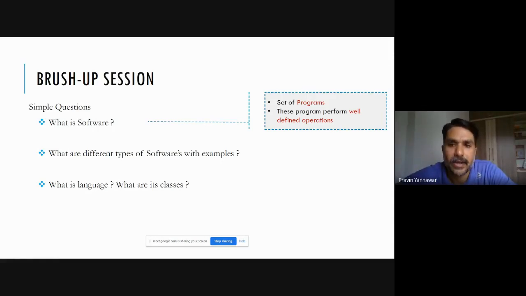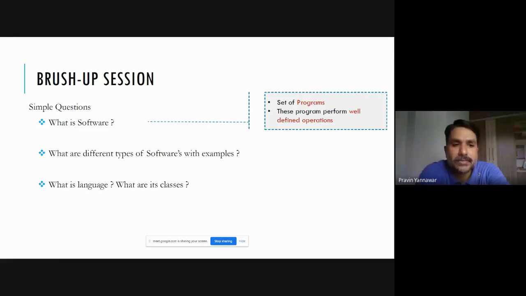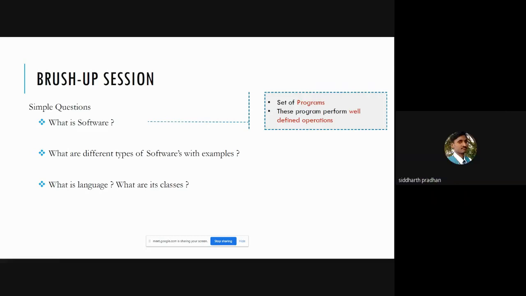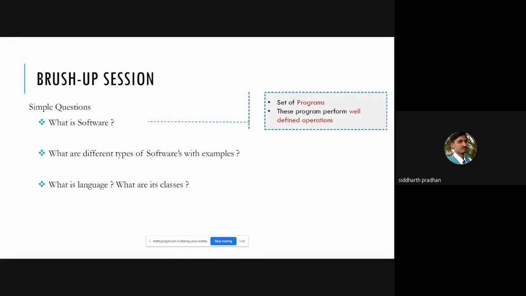Anybody knows? Anyone else? Who has answered this question? Siddharth, I think, right? Yes, sir. Siddharth, please mute yourself so that a second student can unmute and participate.